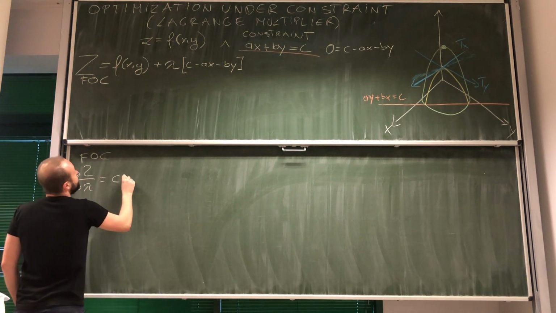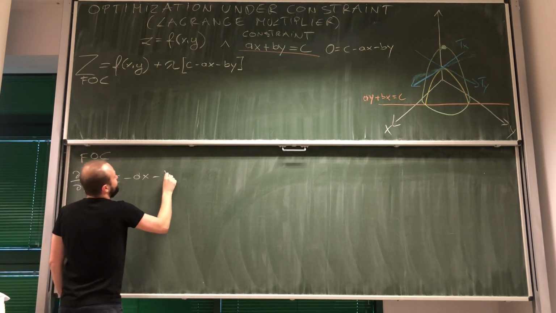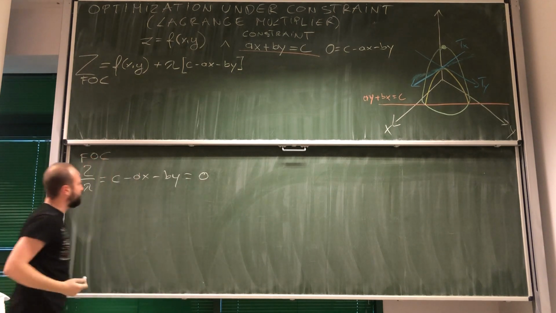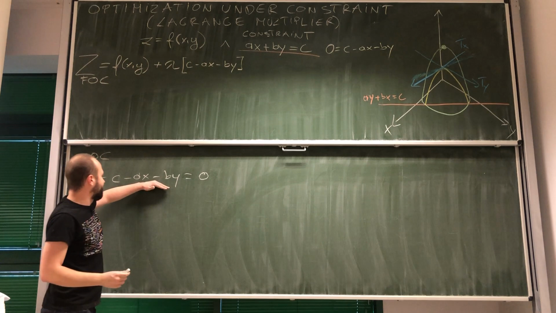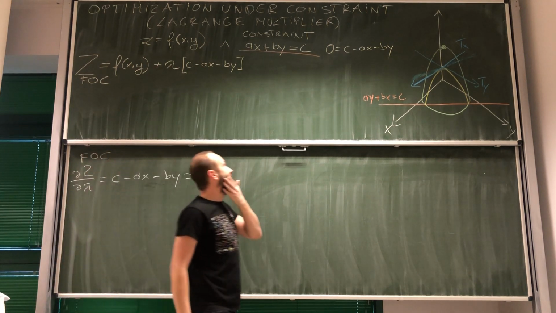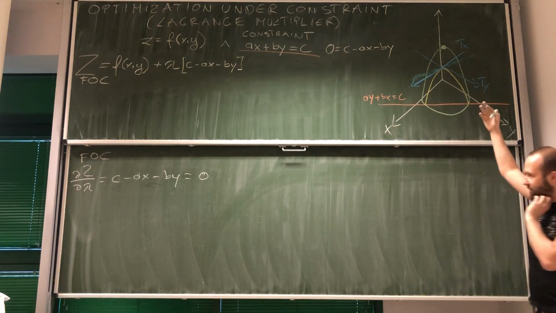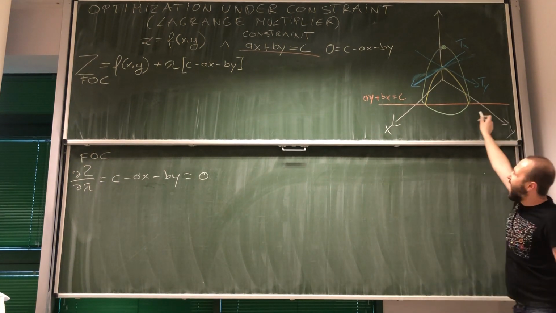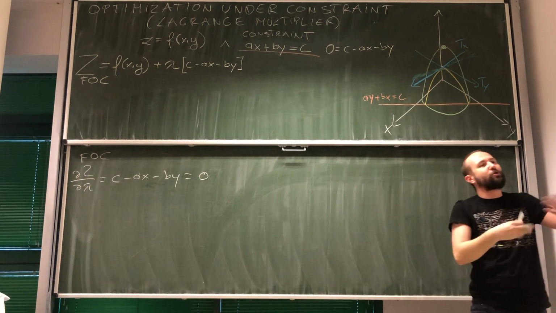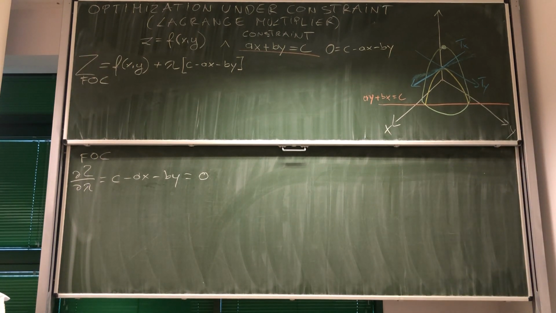I'm getting that this is c minus ax minus by. I equalize it with 0. And again, look, I just get a repetition of the constraint, which simply tells us that we are looking only for the points above this line. Of course, if we look for maximum, above or below this line, to be exact. But in this particular case, just above.